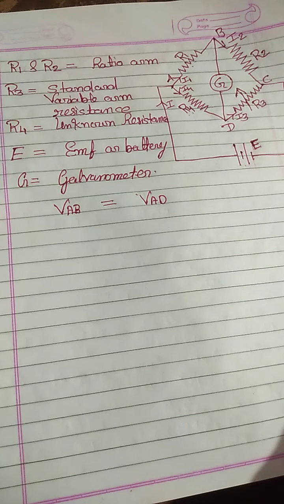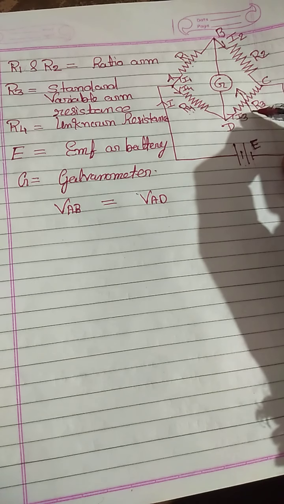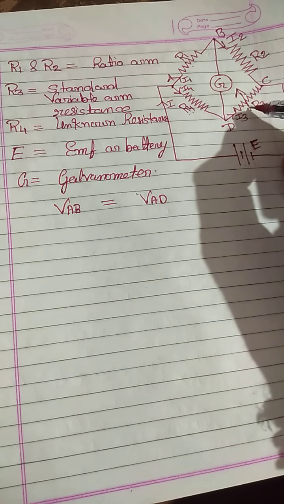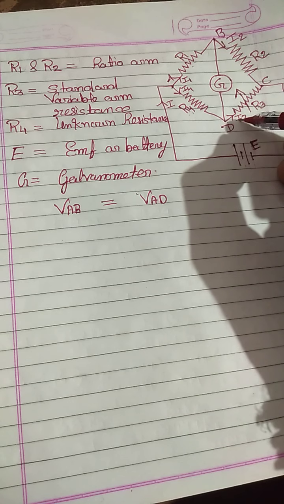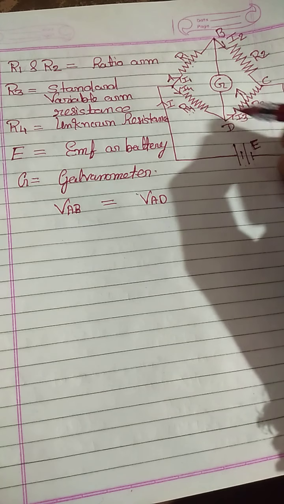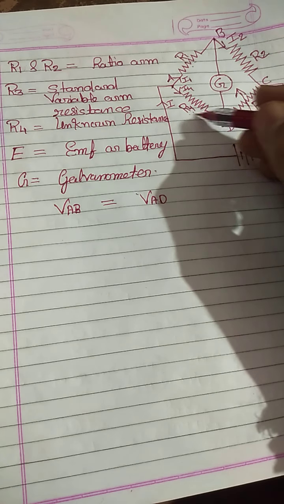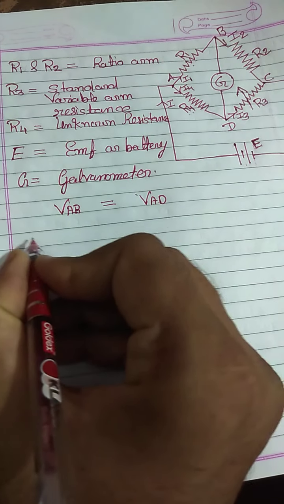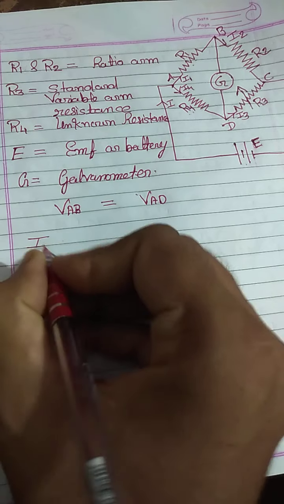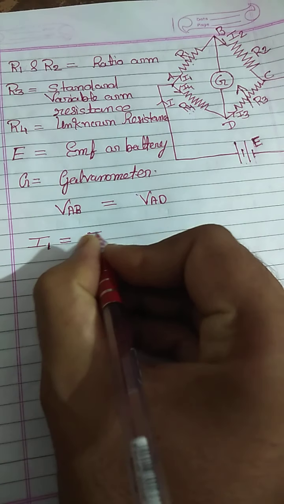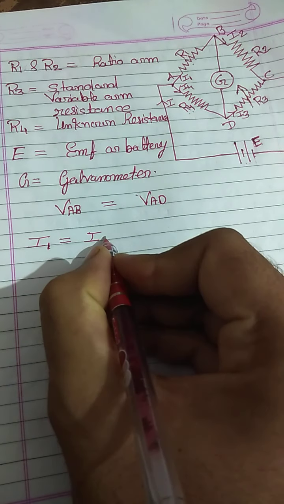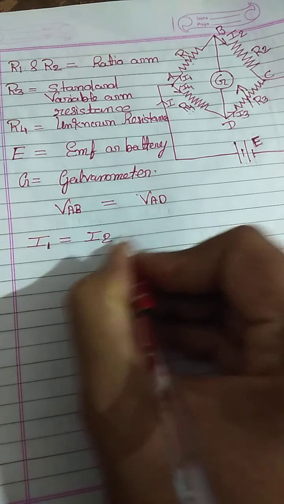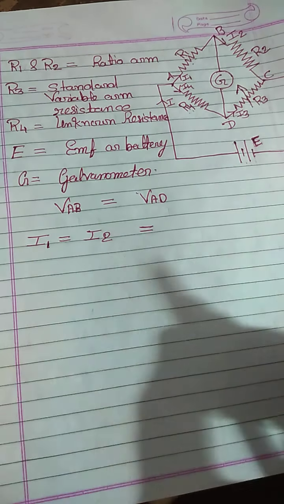The galvanometer will show null deflection, and under this null deflection G will give you the zero reading. So how does it happen? It happens by changing the value of resistance R3. Changing R3 changes the current I3, and as I3 equals I4 because both are connected in series, I keep one condition, that I1 equals I2.